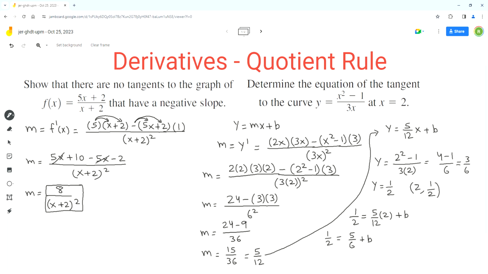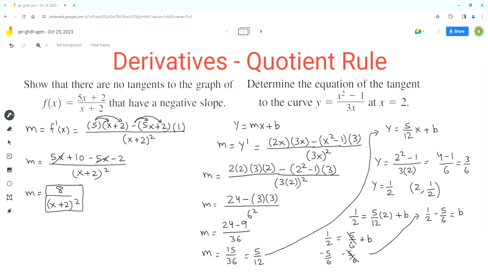Now we can isolate b by subtracting 5 over 6 from both sides. So the 5 over 6 on the right side cancel each other out, and on the left side we'll have to do 1 over 2 minus 5 over 6 equals b.